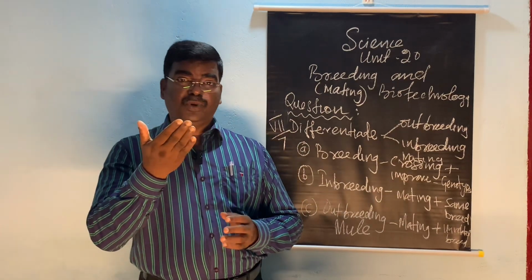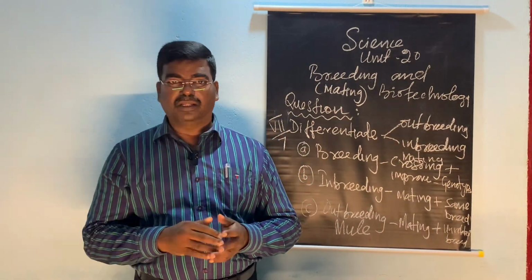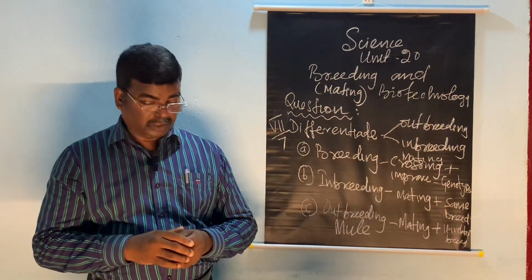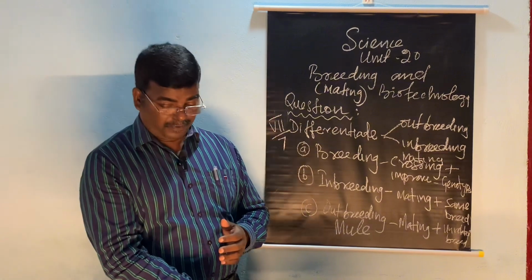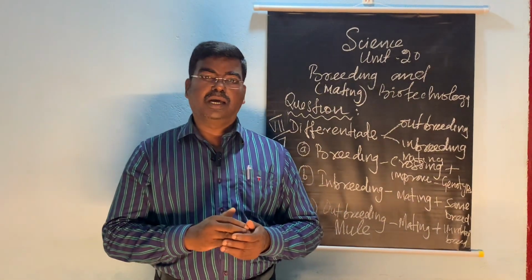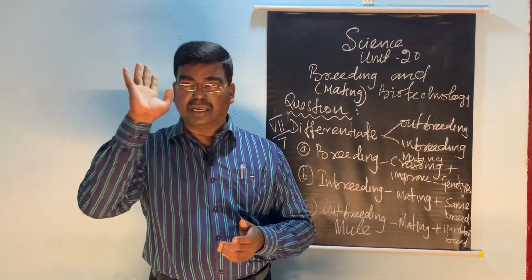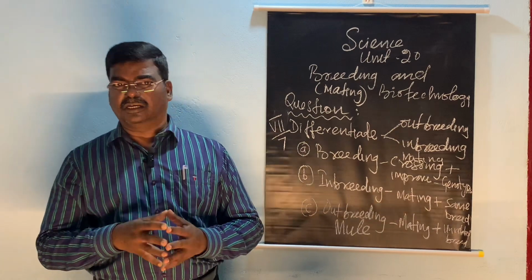And what are the superior characters in outbreeding and inbreeding? That you must know. They are very useful for the purpose of carrying load. And very often they are used in hill regions to carry luggage. They are resistant.